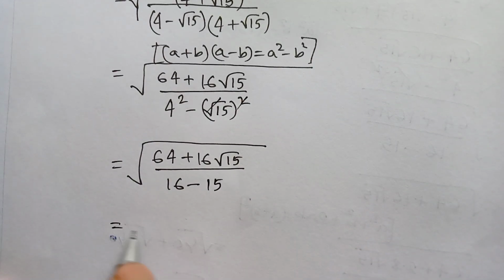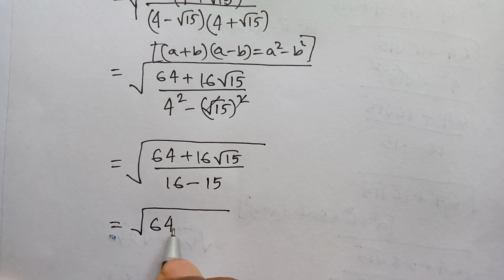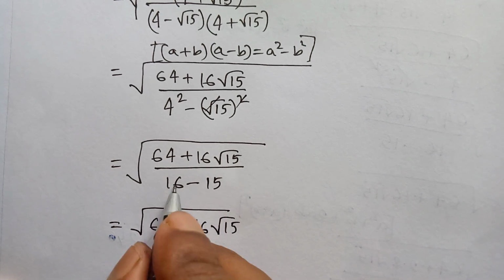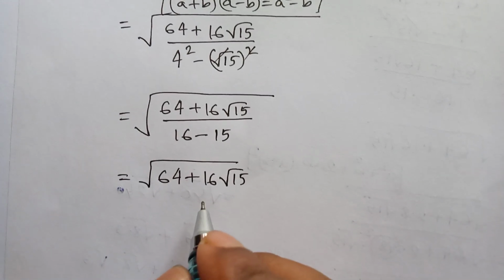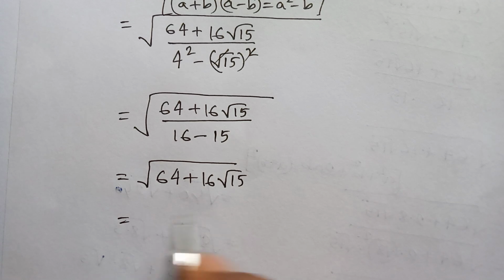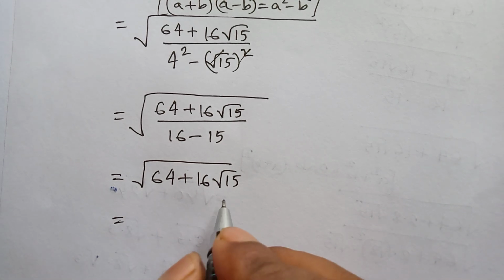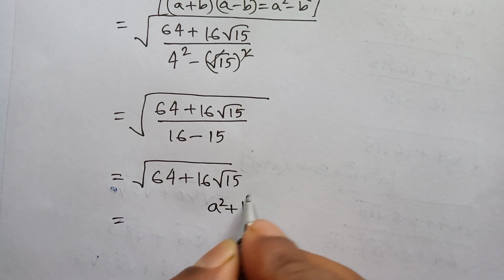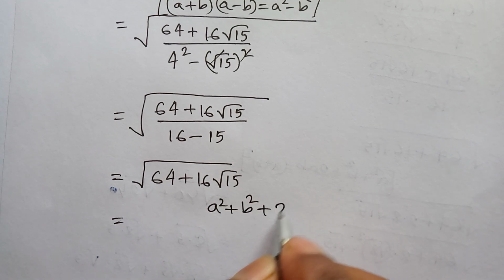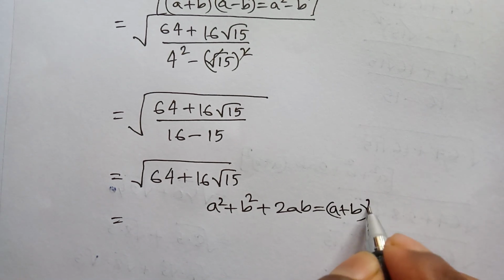And next step, we can write here under the square root of 64 plus 16 root 15 over 16 minus 15, which is 1. And now we use a formula. This formula is a square plus b square plus twice ab is equal to (a plus b) whole square.